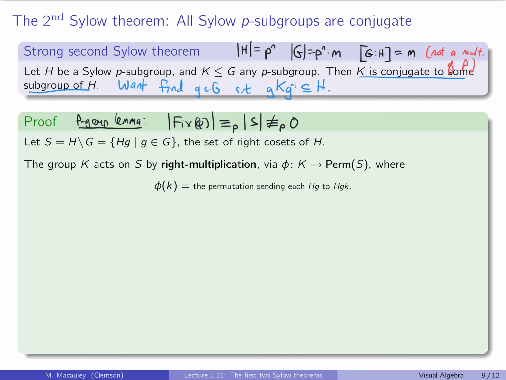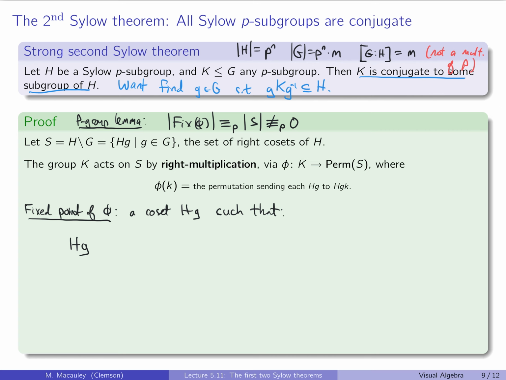So let's check what a fixed point is. This is a coset Hg such that, by definition, if we take this coset and we press the k button, we get back the same thing.